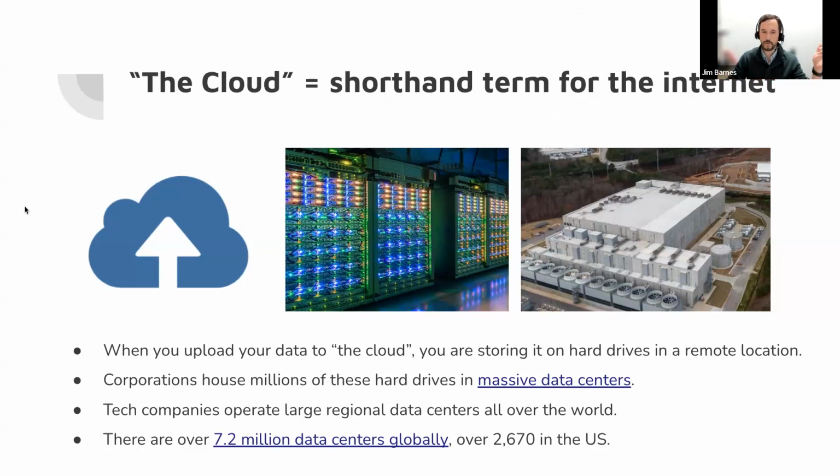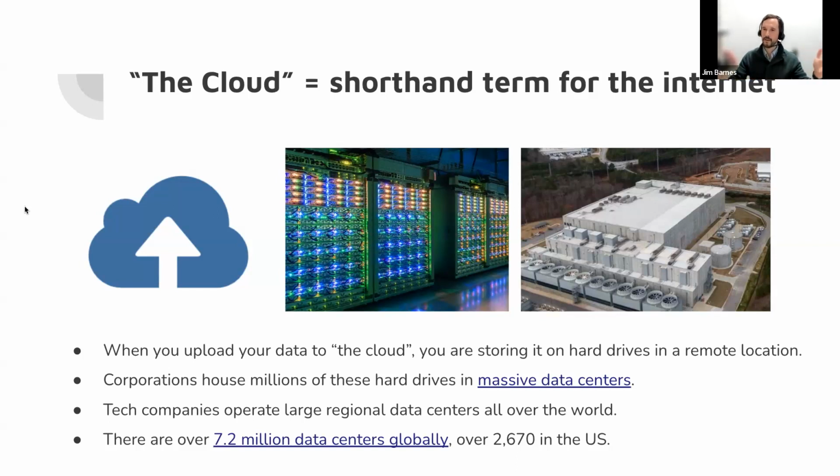When you upload your data to the cloud, it's actually traveling through the internet and being stored on hard drives. And usually they're located in these very large data centers. These pictures on the screen are these racks and racks, and they have thousands and even millions of hard drives, called servers, computers that are in these large data centers.